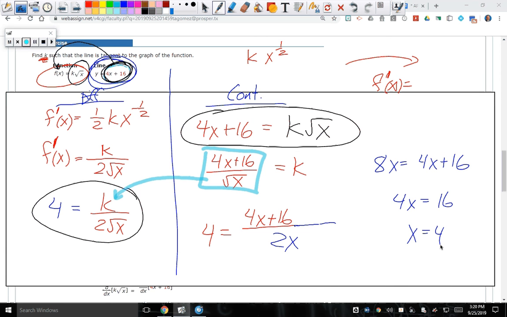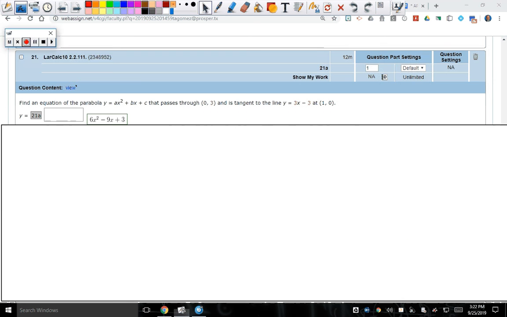And now that we know what x is, we can plug it in here and here to solve for k. So we have 32 over 2, right? And then you get 16. So k is 16. Big, huge conceptual question for sure. Okay? Let me see if I can find that other one.